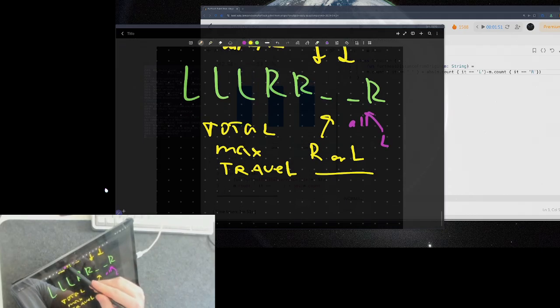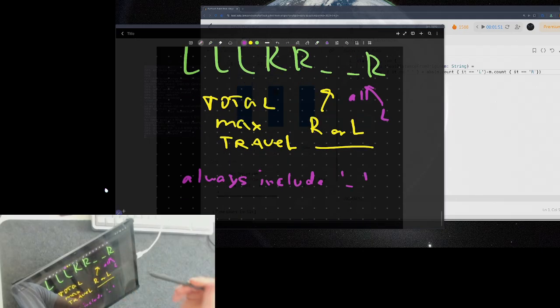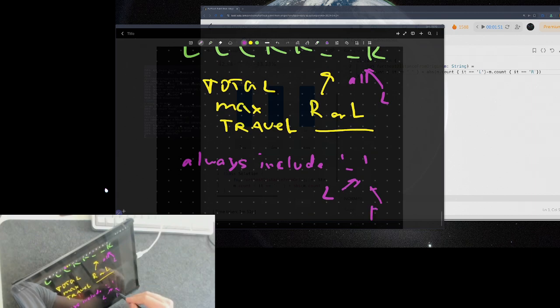Now to simplify the formula, you can say that you always include underscores, because if you're replacing them with L and check for the L, you obviously count them, and if you check for the R, you also count them.